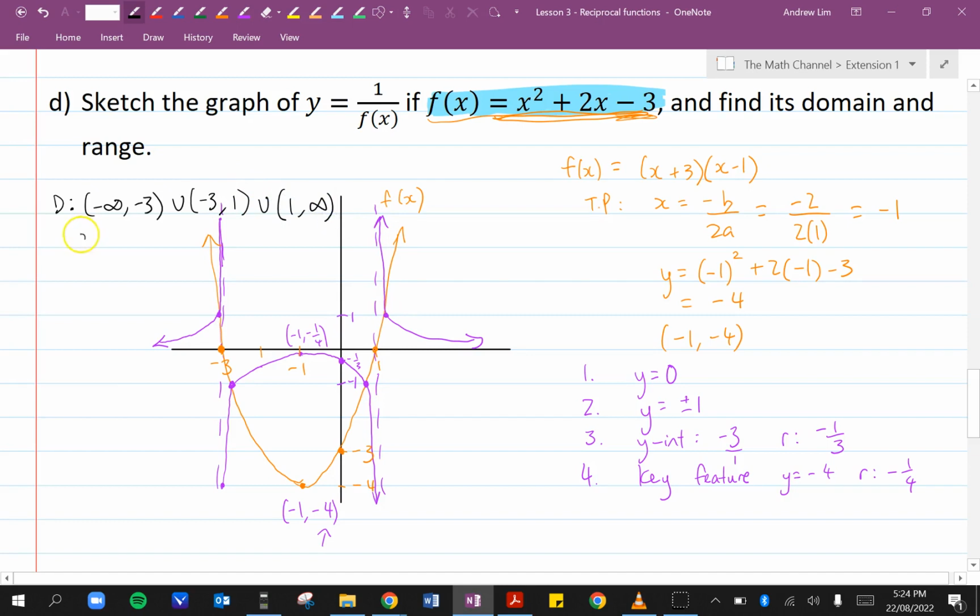Another way to write this is just x is not equal to minus 3 and x is not equal to 1. Okay, and the range, we can see here that it's always above 0, so y is greater than 0, but it's also less than minus 1/4 because that's the highest point of this one. Y is less than negative 1/4.